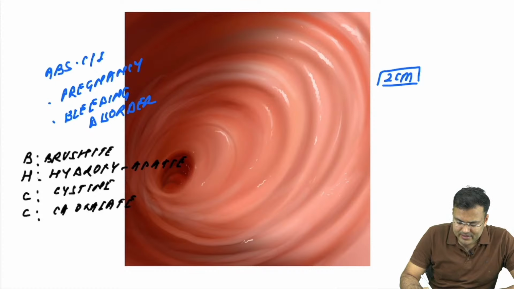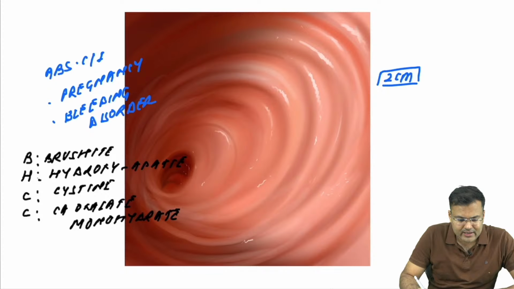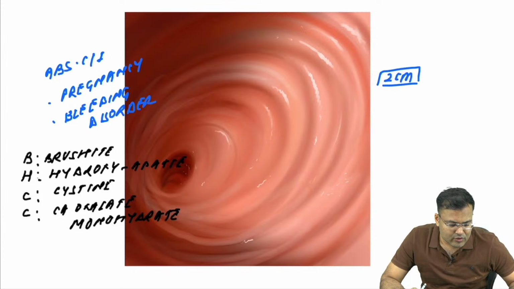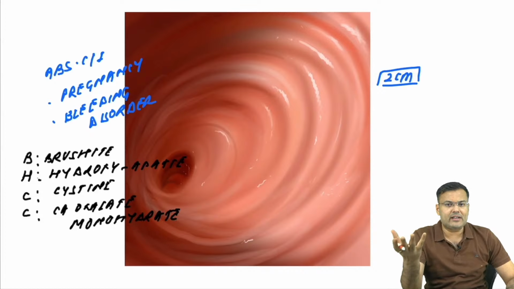Can anybody tell me which is the hardest stone? Very good, you already told me it is cysteine. So the hardest stone is cysteine.